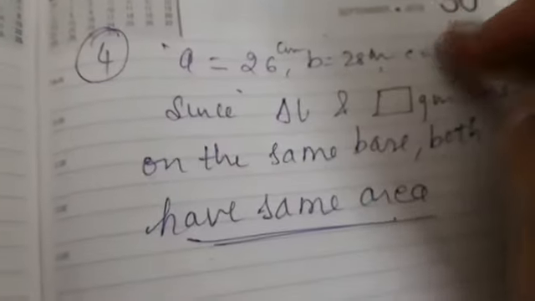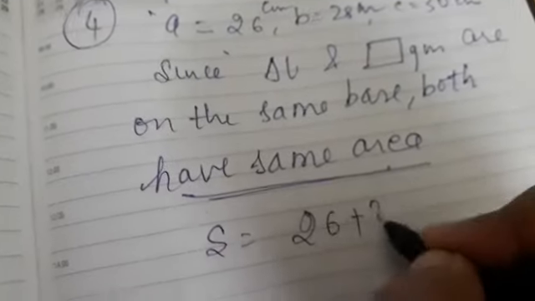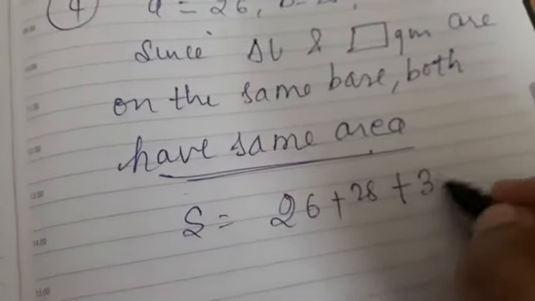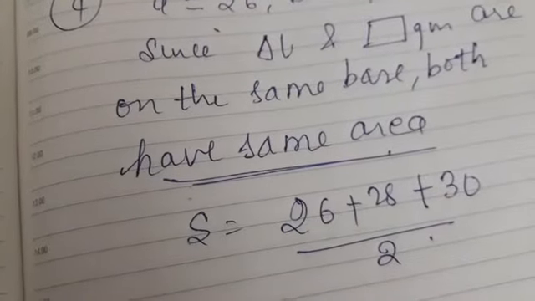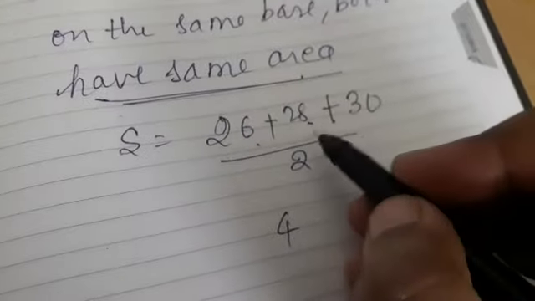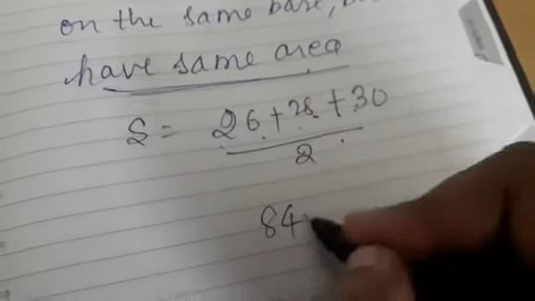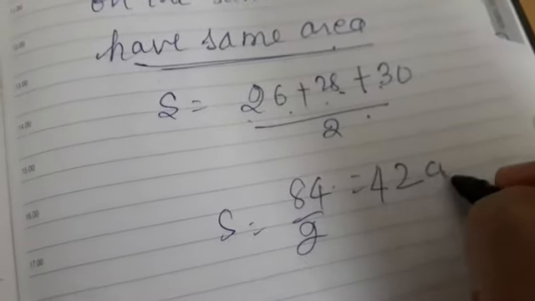First we'll find the area of this triangle. So S is 26 plus 28 plus 30 by 2. When I add this, I get 84 by 2. S is equal to 42 centimeter.